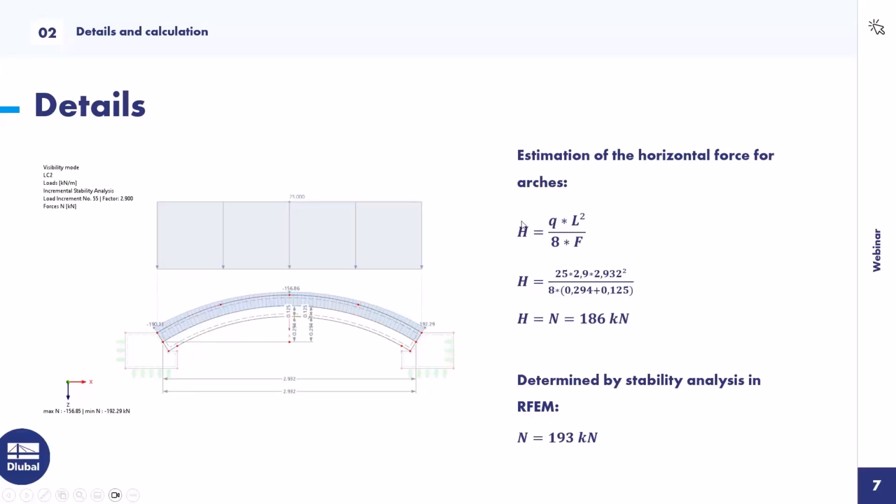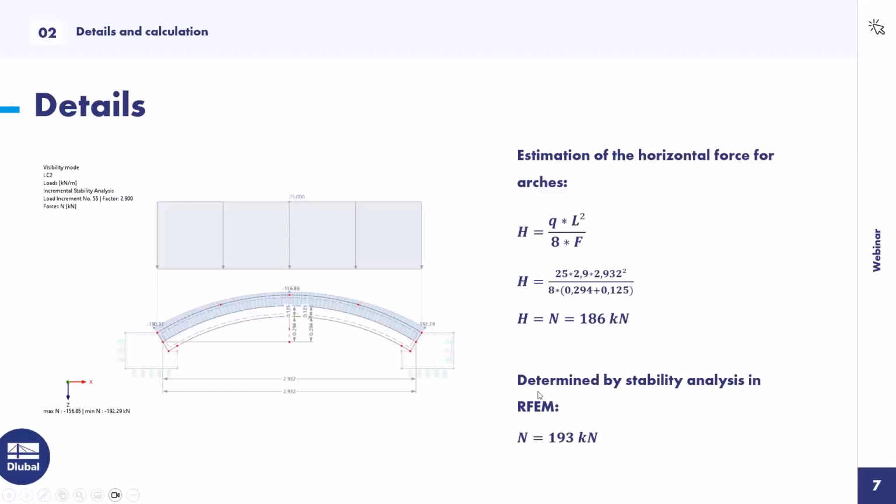The horizontal load is the load Q times the length divided by 8f. F is the height of the arch, and I get with this formula about 186 kilonewtons.